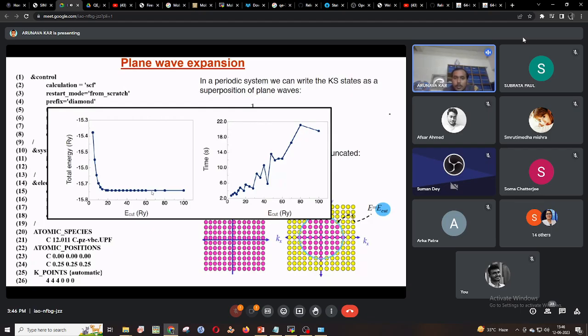It needs to be done every time before you run a calculation, basically an SCF calculation. So we will do this in our exercise for the silicon system. What is the cutoff energy we need to consider to calculate the system?